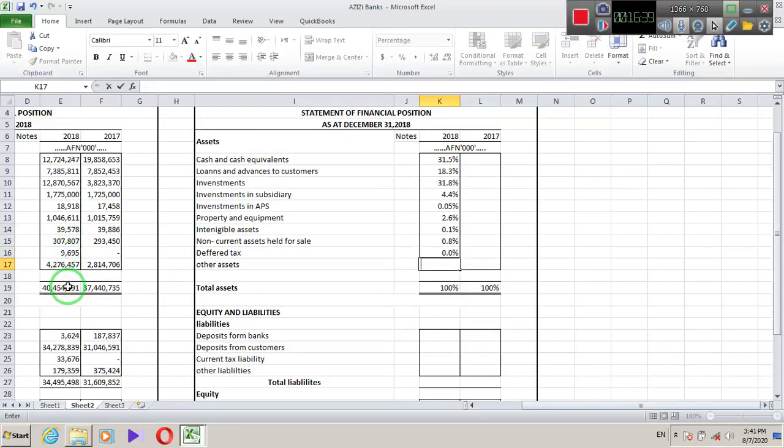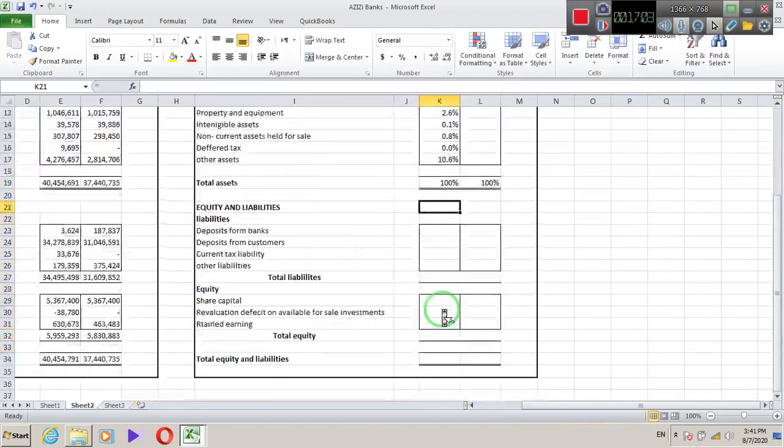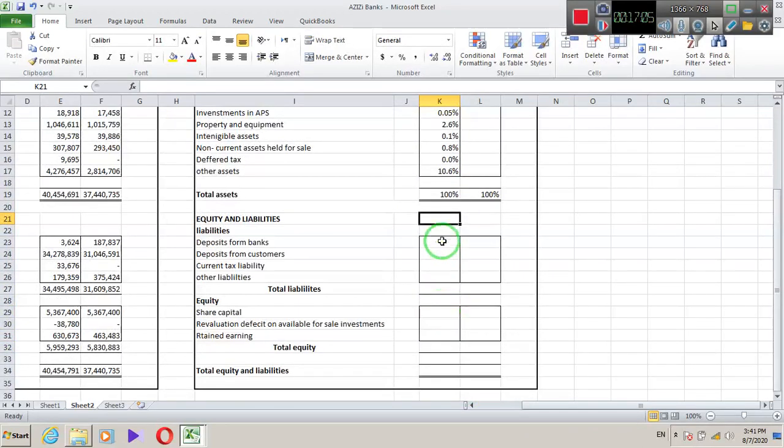Other asset, they don't have proper name. That is the total asset, which is equal to the sum, 100.0%. So we have performed the 2018 Azizi Bank vertical common size analysis on the asset side.